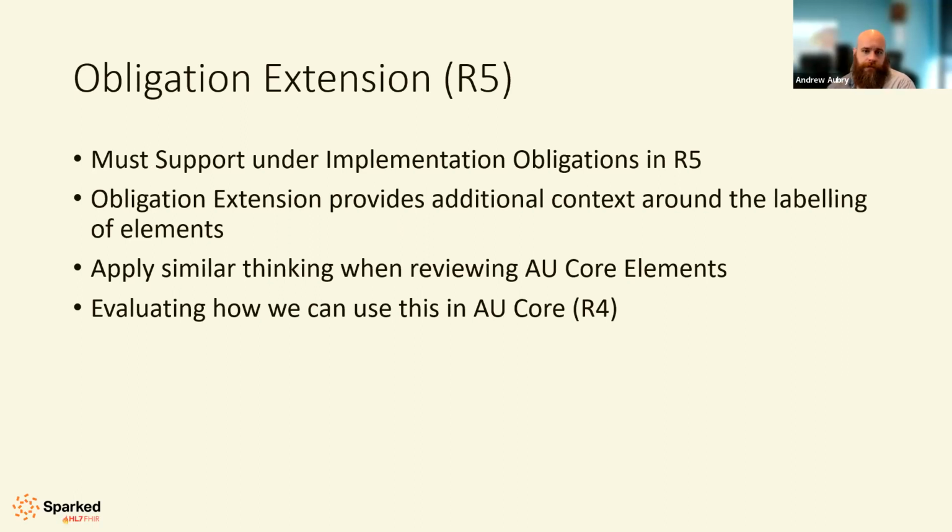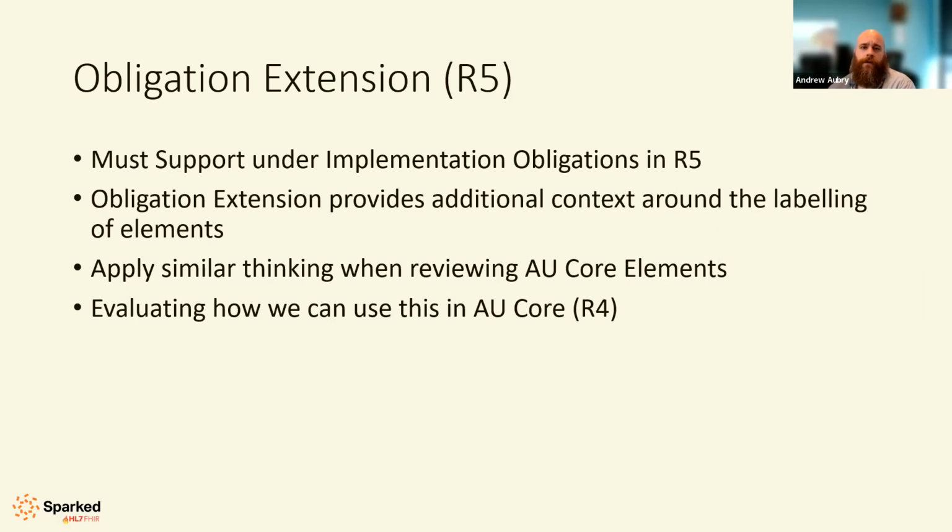Kind of looking into the future, in R5, there is a section titled obligation and the obligation extension. What R5 does is add a bit more context on the concept of must support and implementation obligations.